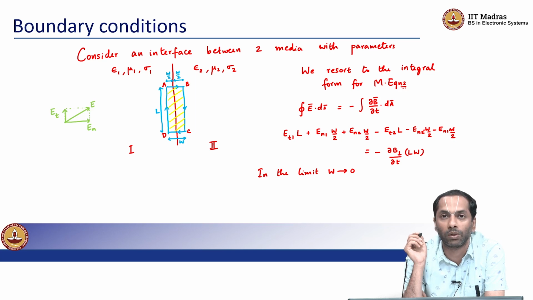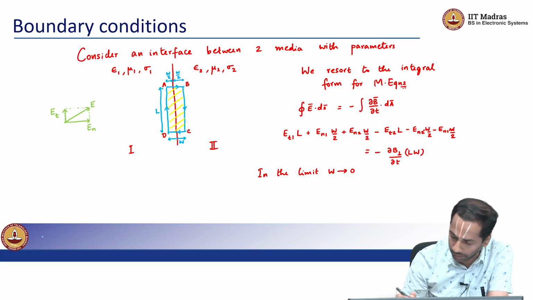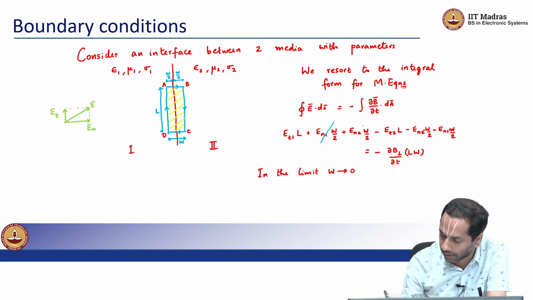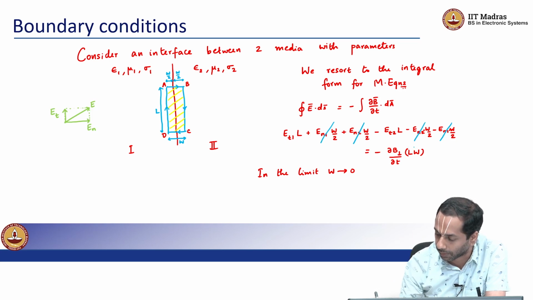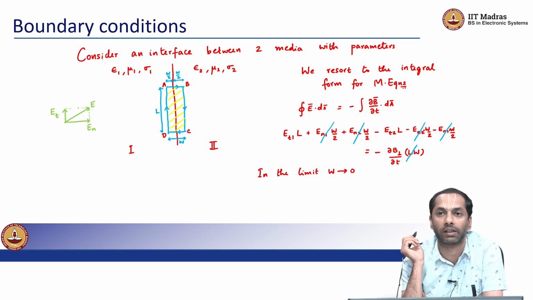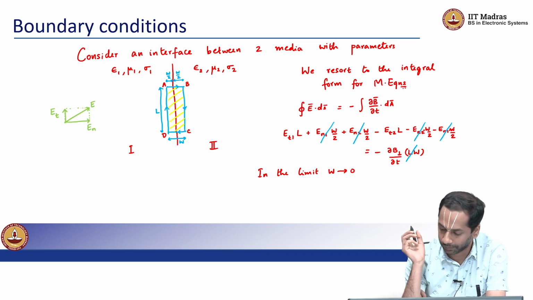So in the limit as W tends to 0, the terms with W all vanish, and even the area becomes vanishingly small. So the right hand side also becomes small, because L times W, where W is shrinking rapidly to 0, encompasses a vanishingly small area. So the magnetic flux through such a small area is going to be negligible.